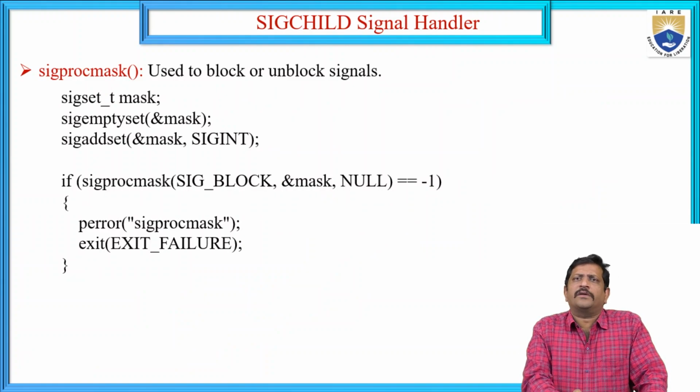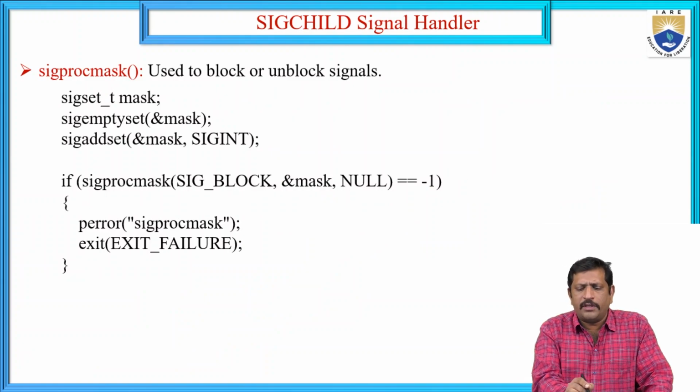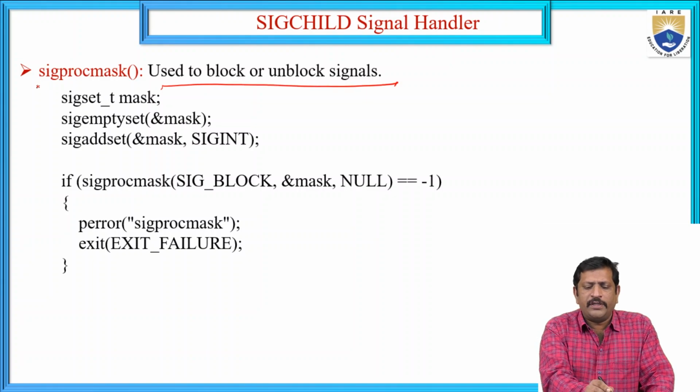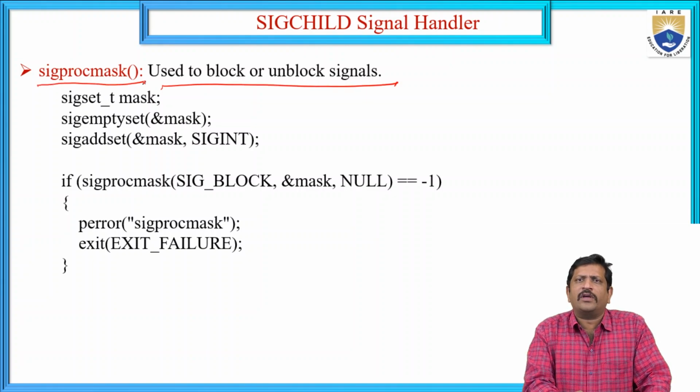sigprocmask is used to block or unblock signals. By using the sigprocmask function, you can block a signal.